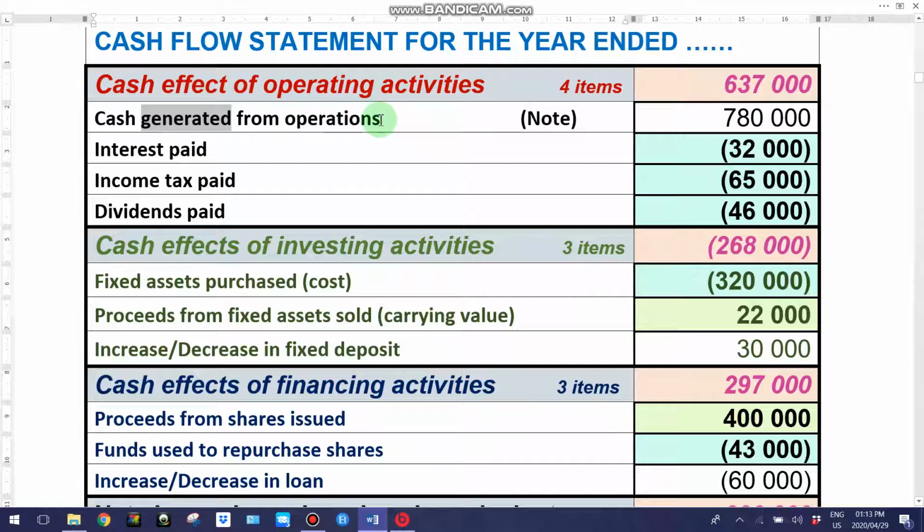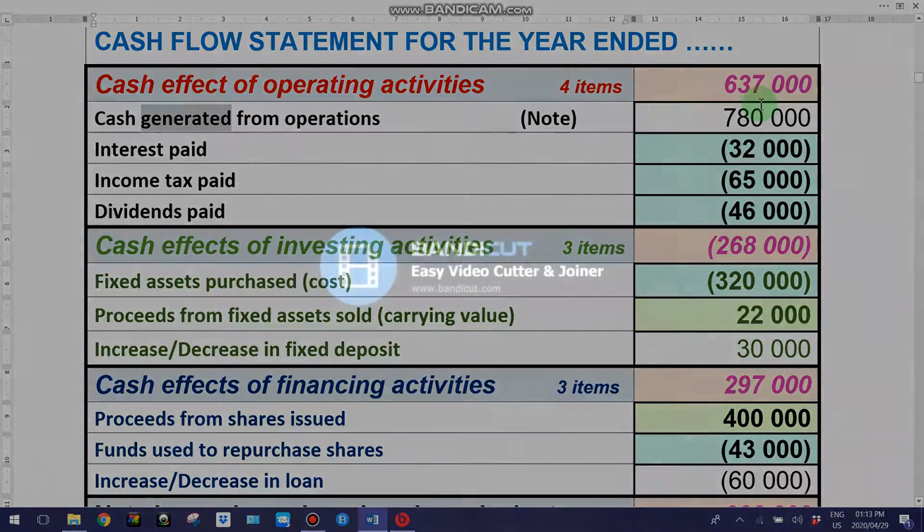Remember, my net profit comes from the income statement, and that's the bulk of my operations. And it will also focus on my working capital. Working capital being my current assets and my current liabilities. And they are also components of my routine operations of the business.